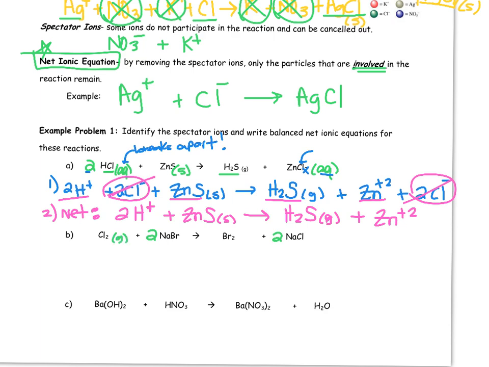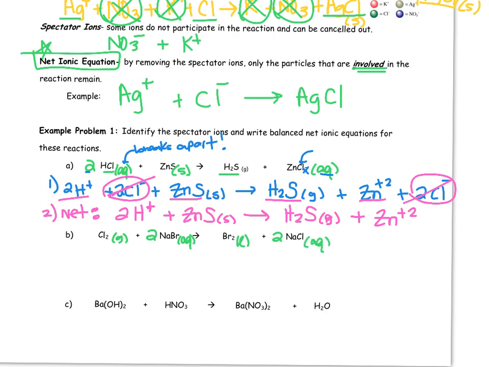Sodium bromide is an ionic compound, so we need to decide, is this aqueous or not? So NaBr, when we look at our solubility rules, bromine is always soluble, and it's with an alkali metal, so definitely soluble. Bromine is a liquid at room temperature by itself. Sodium chloride is also soluble or aqueous.